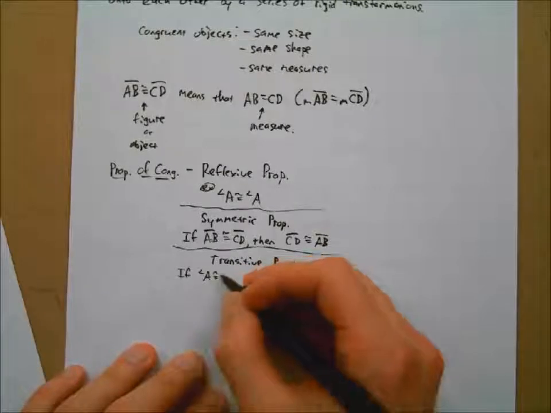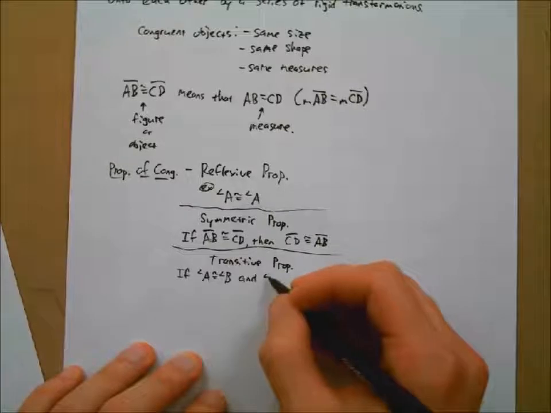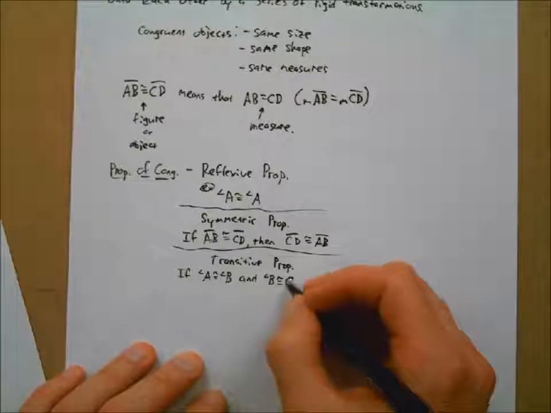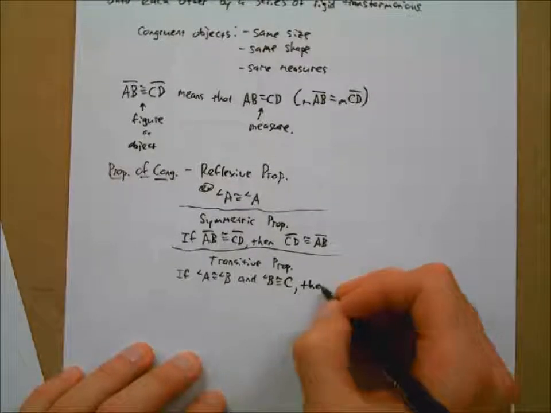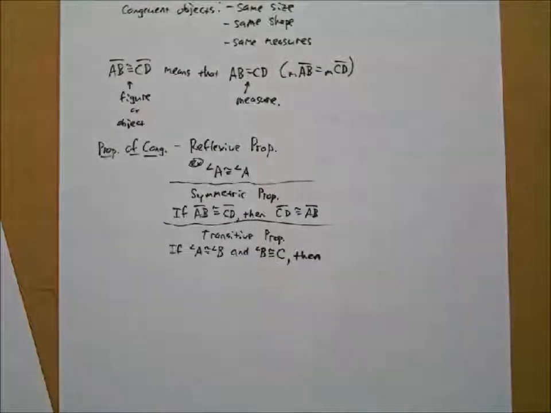If angle A is congruent to angle B, and angle B is congruent to angle C, then what?